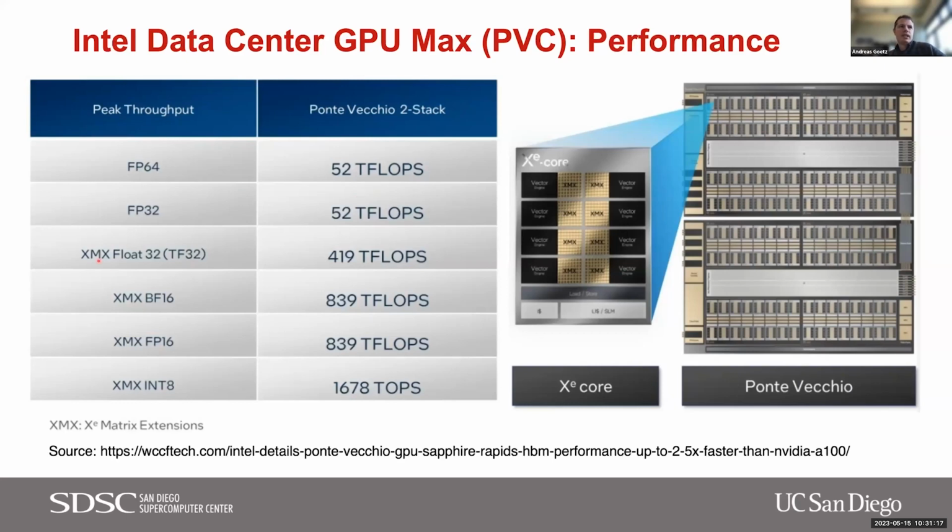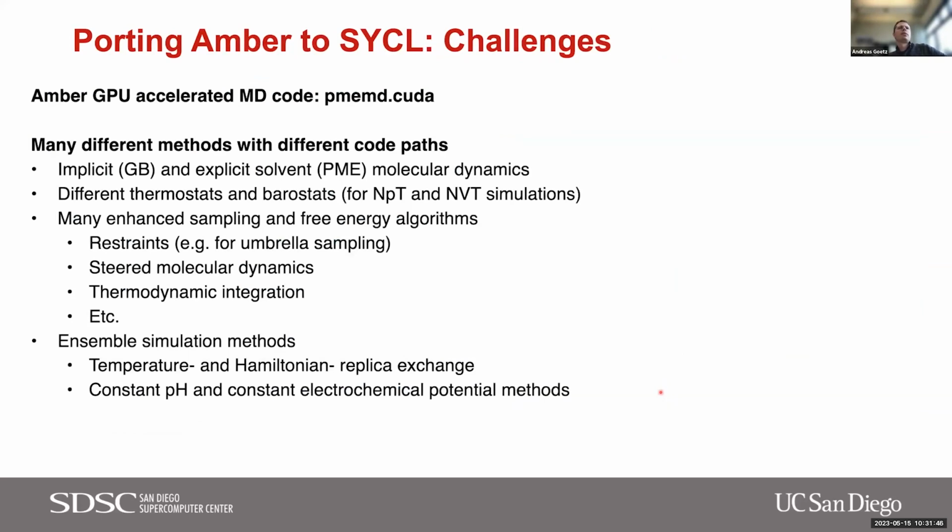We don't do this in Amber, but if you have machine learning workloads, there are matrix extensions for TF32 and bfloat16 and FP16 and so on. So you get a very, very large number of machine learning operations. So it's very good hardware, very interesting hardware, and that's really the reason why we want to have our code running on that hardware.